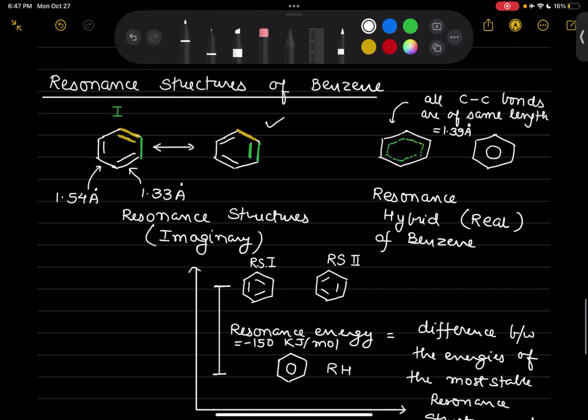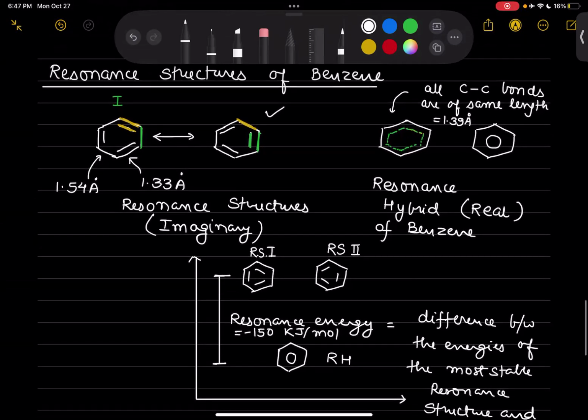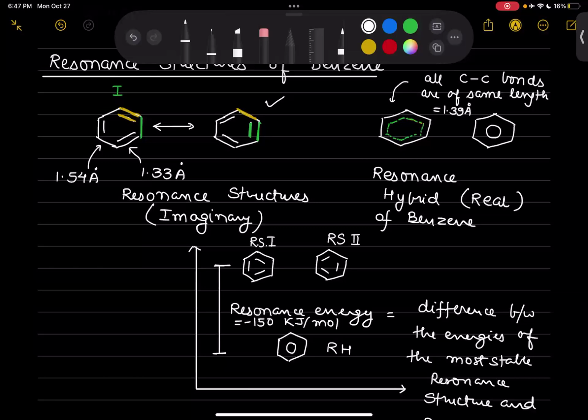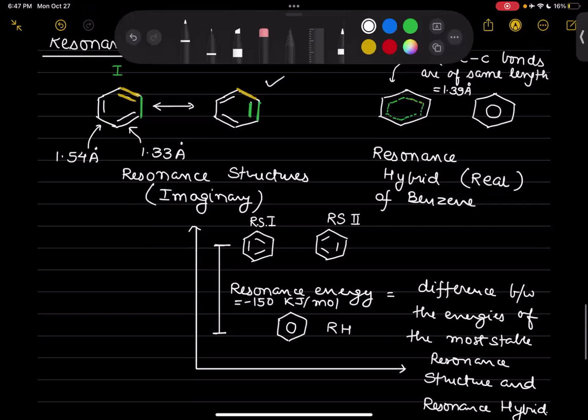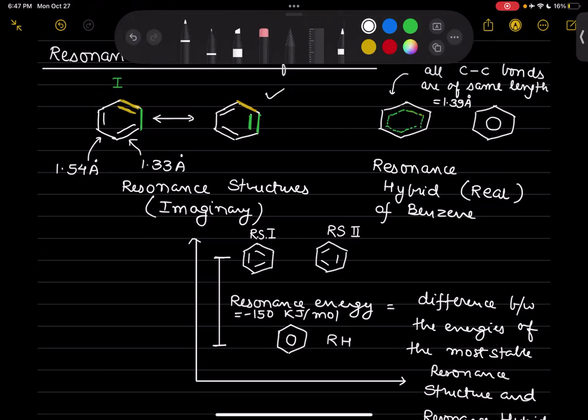Tell me, what do you understand by resonance and resonance energy? What conclusion can you draw with all our discussion?